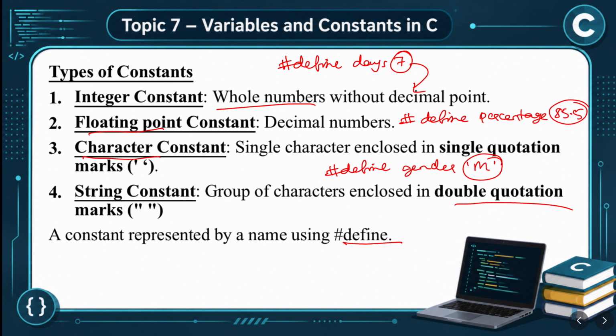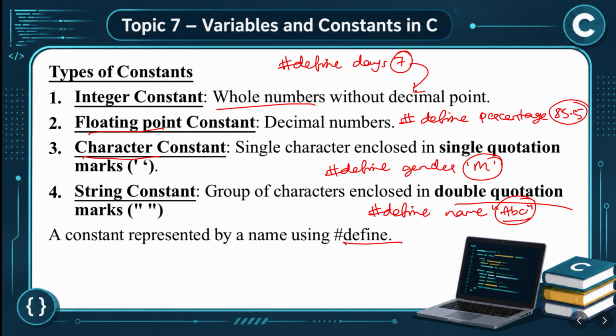So this is your character constant. For a string constant, you can say hashtag define name is equals to ABC, in double quotes. So this is your string constant.